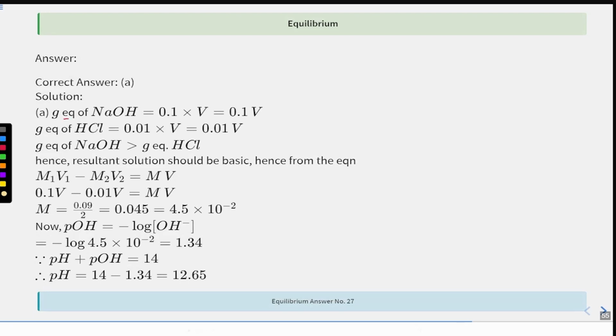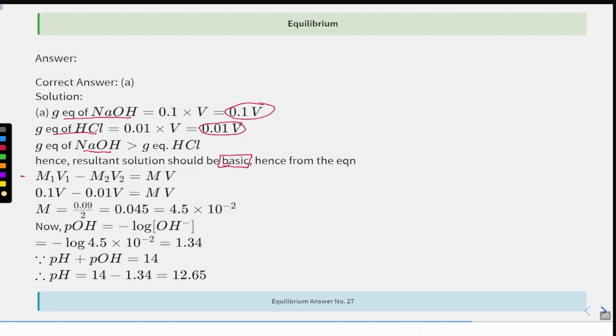Once we have calculated the equivalents of NaOH and HCl, we see that the equivalents of NaOH are greater than the equivalents of HCl. Because the equivalents of NaOH are more, the resulting solution is going to be basic.